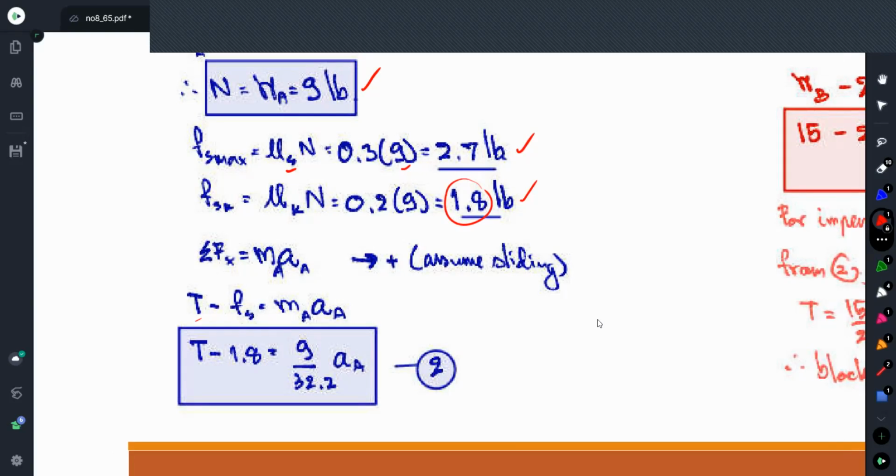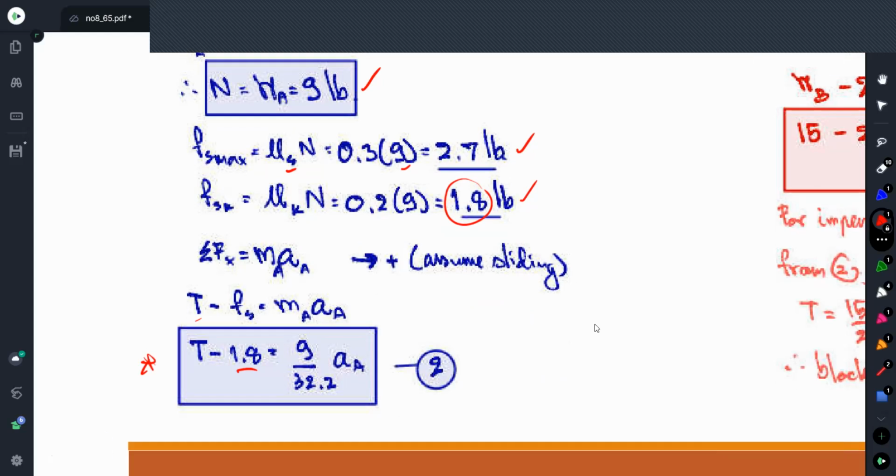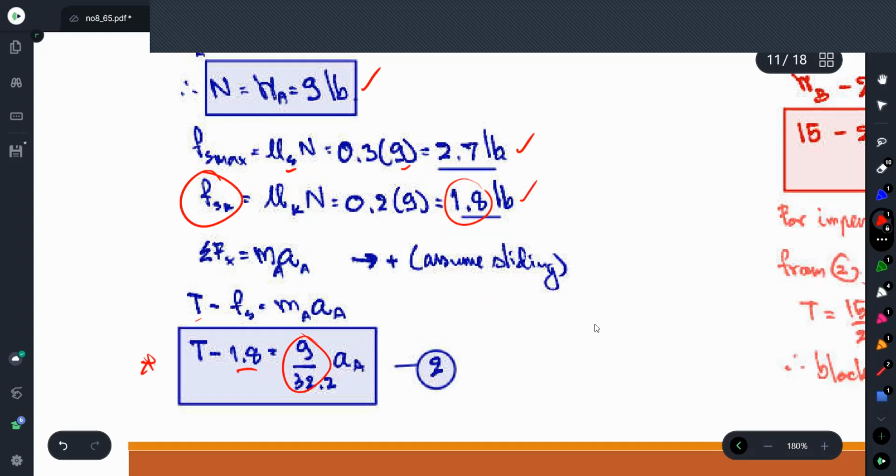So this is just case one. We assume that the tension is greater than 2.7, and block A has a motion. So the friction that we use has to be the kinetic friction, since it has motion already. From the free body diagram and kinetic diagram, the equation of motion in the x direction is T minus 1.8, where 1.8 is the kinetic friction, equals the mass times the acceleration of A. The mass is equal to weight divided by g, where g for US customary units is 32.2.